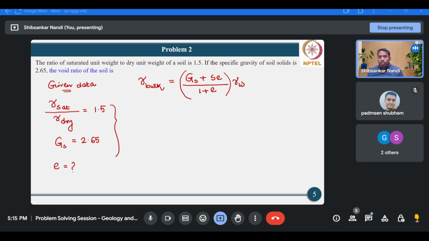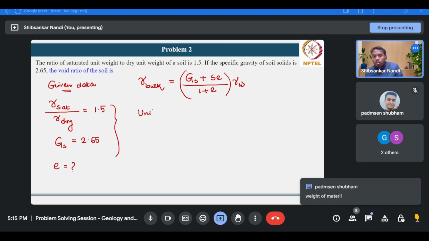What is the definition of unit weight? So it is weight in unit volume, no?